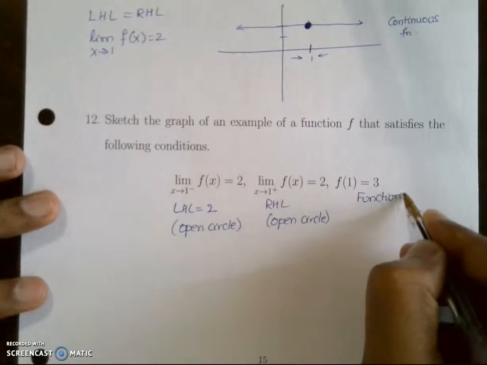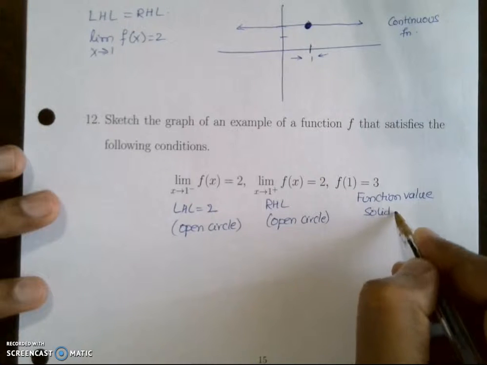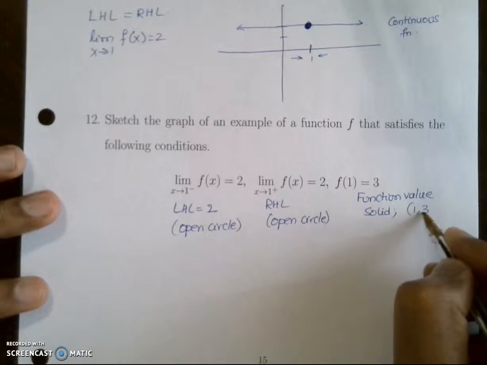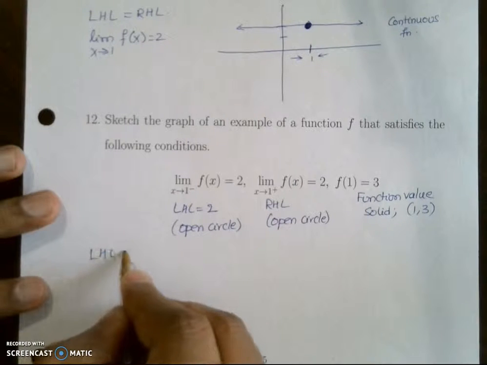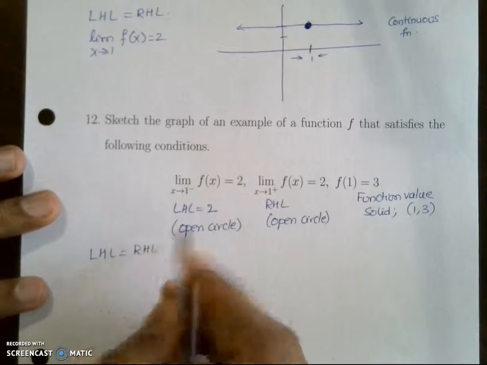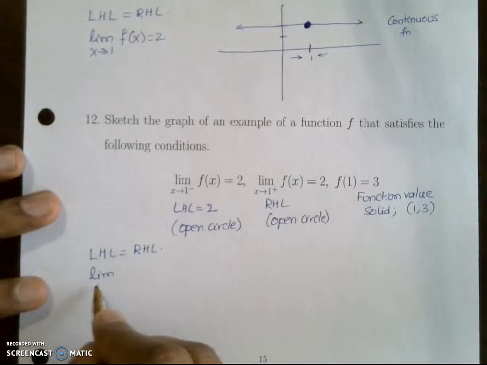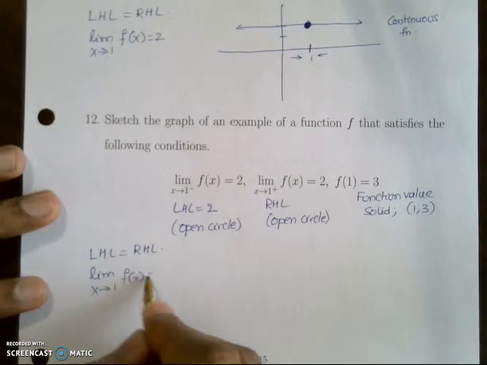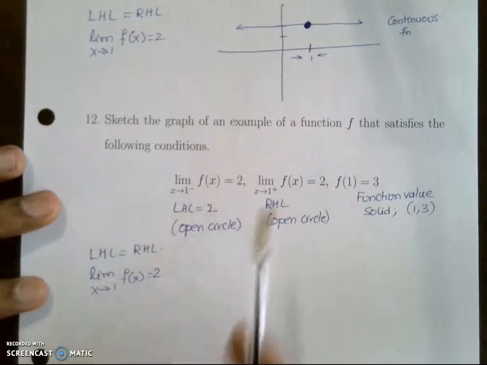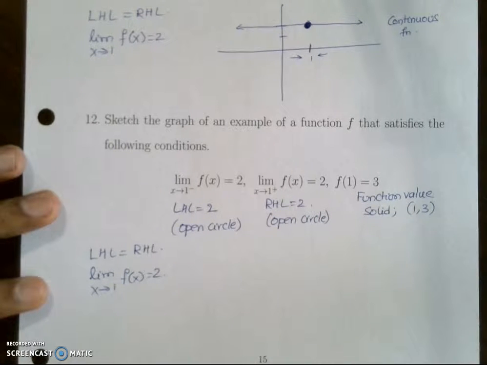That means it's represented by a solid, and it can be represented by the ordered pair (1, 3). You can see that the left hand limit is equal to the right hand limit here. So the limit exists. In fact, the limit is going to be 2, because these two are equal. So obviously the limit would exist, and it would equal 2.